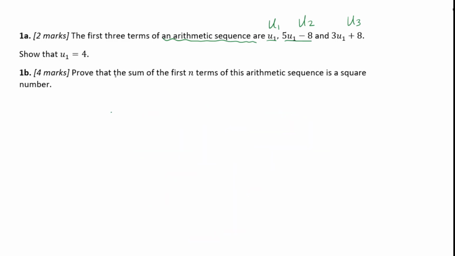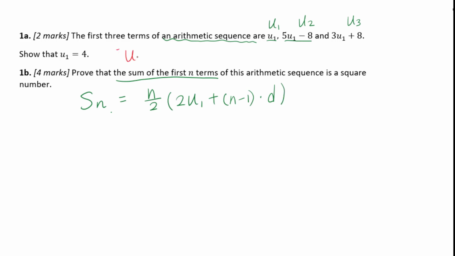For 1b, prove that the sum of the first n terms of this arithmetic sequence is a square number. We know s sub n equals n over 2 times 2 u sub 1 plus n minus 1 times d. We already know u sub 1 equals 4.